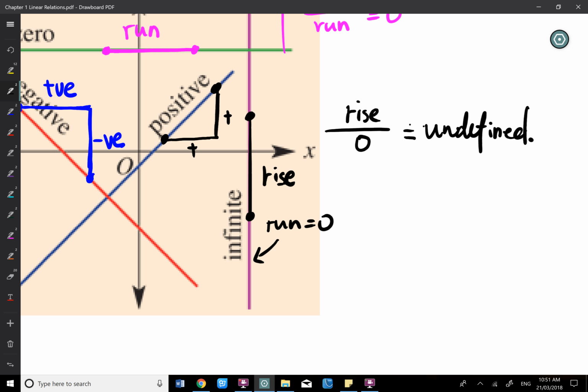A denominator equal to 0 is undefined. So we don't have a gradient for the vertical line. For this shape, we have positive gradient. For this shape, we have negative gradient. A horizontal line has 0 gradient. But a vertical line has gradient undefined, which is non-existent.